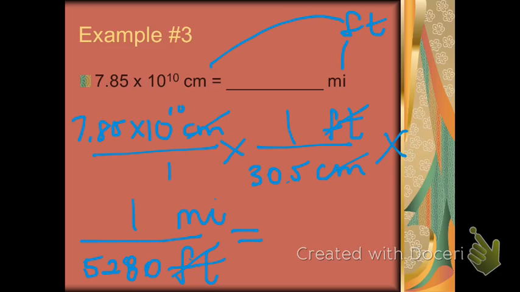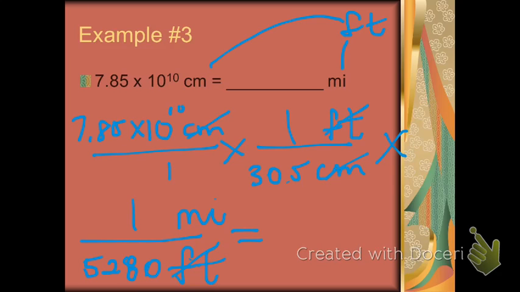So, putting this in our calculator. It shouldn't take you very many keystrokes to put in that 7.85 times 10 to the 10th. And again, I'm going to show you how to do that tomorrow. So, what I'm going to do is 7.85 times 10 to the 10th divided by 30.5 because it's on the bottom, divided by 5280 because it's on the bottom, and then hit equals.